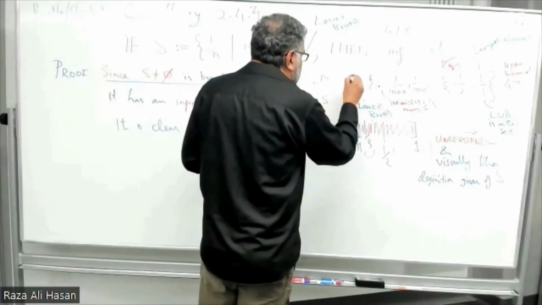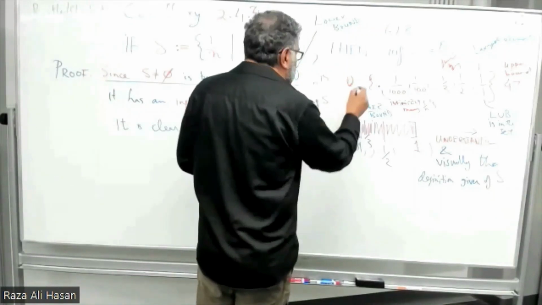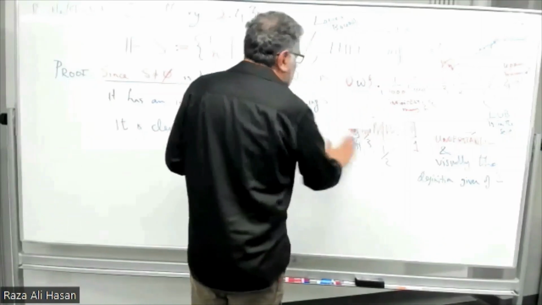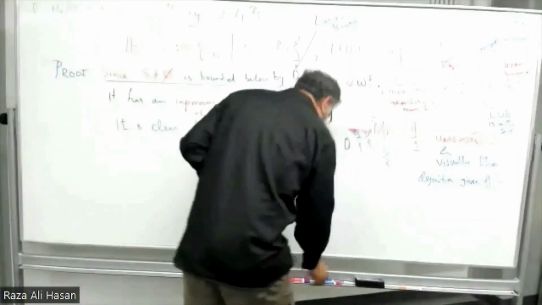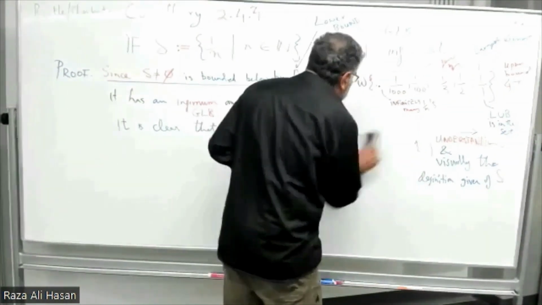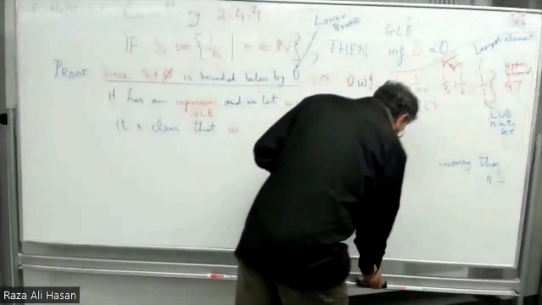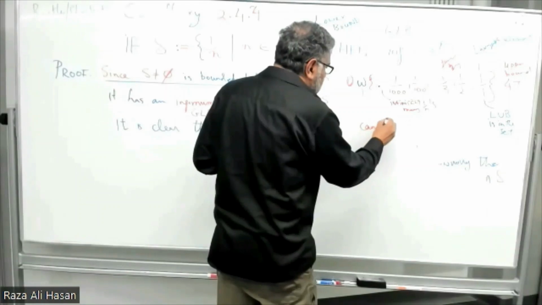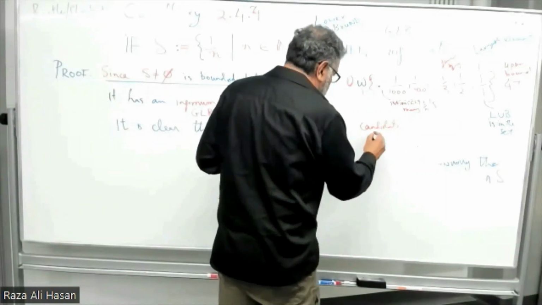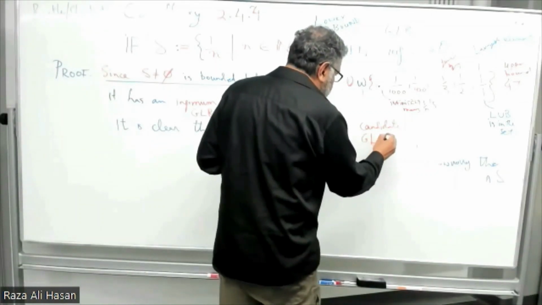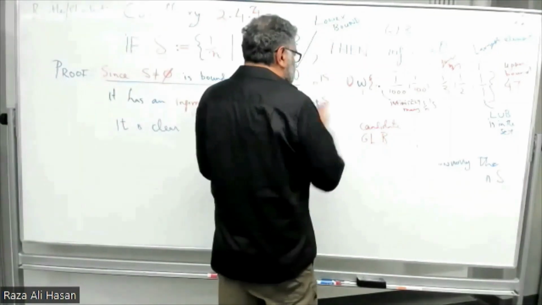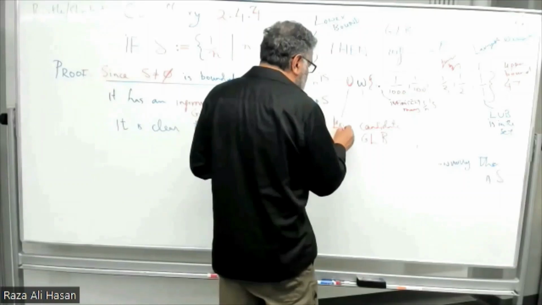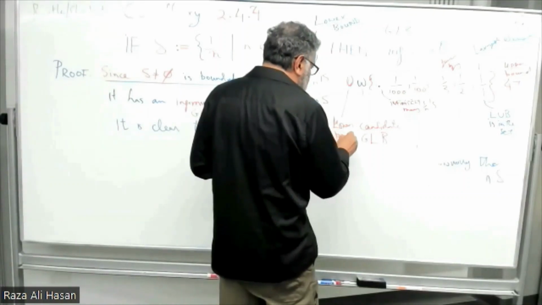So this is our upper bound, and W sits here. This is our candidate GLB, greatest lower bound, and this is our lower bound.